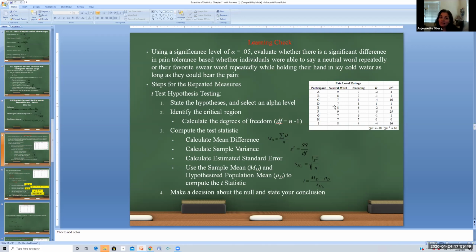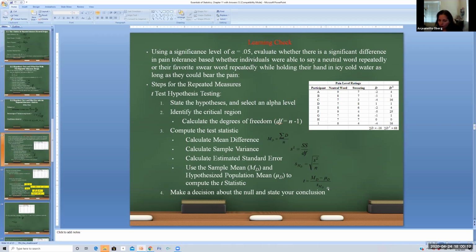But is that significant? Did the difference between those scores reach a threshold of significance? So we go through the steps, we take our data, and we plug it in. So calculate the degrees of freedom first, and we're going to use the N-1 formula because we have one group.